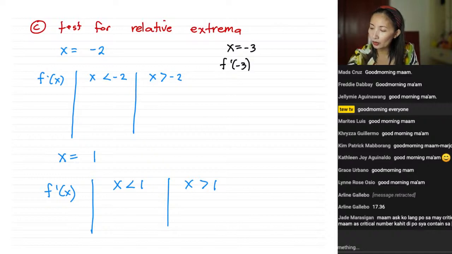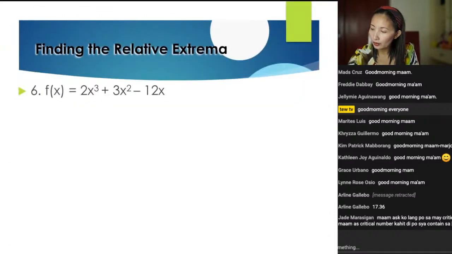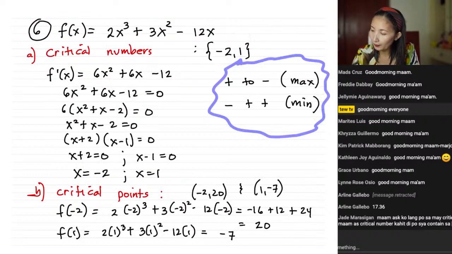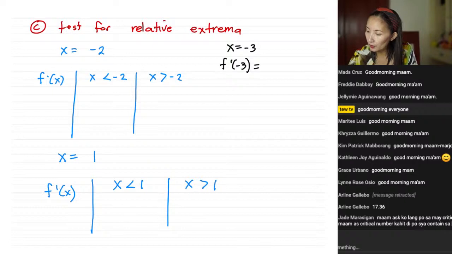What is it equal to? F prime of negative 3. What is our f prime of x a while ago? This one. Let's copy first. Okay, let's put it here.